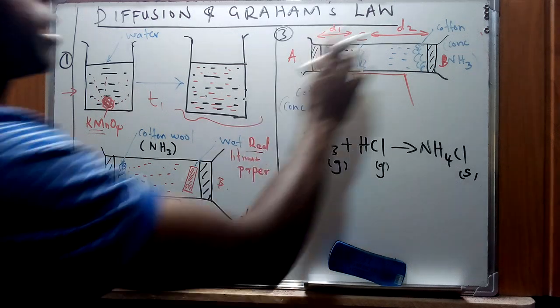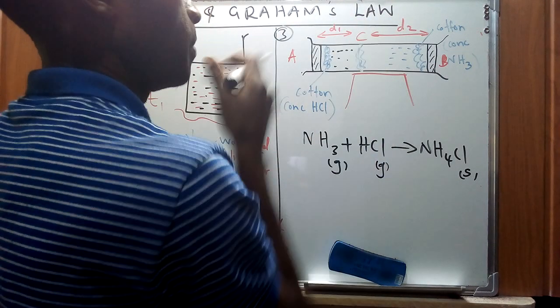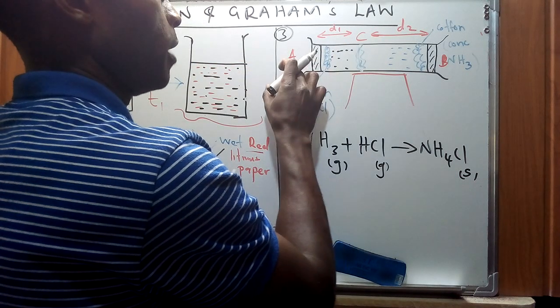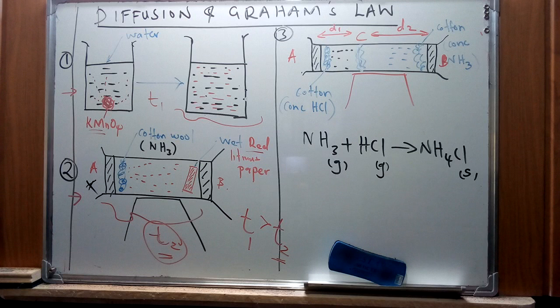Now the distances D1 and D2 are going to assist us to analyze, with respect to time, the rate of diffusion of gas A or B using that specific setup.